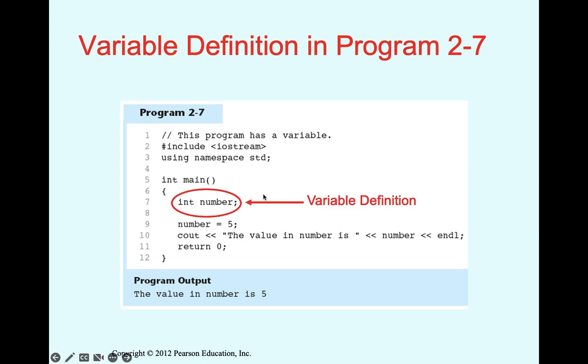If I delete this, I will get an error, because in C++ you are not allowed to use a variable without declaring that variable. So here you need to declare it first, and then you give it initial value 5, and then you can print the value in number. You can print this string, and also you can print the value of this variable, which is 5, and endl, a new line. So if you print something else here, it will be on a new line.